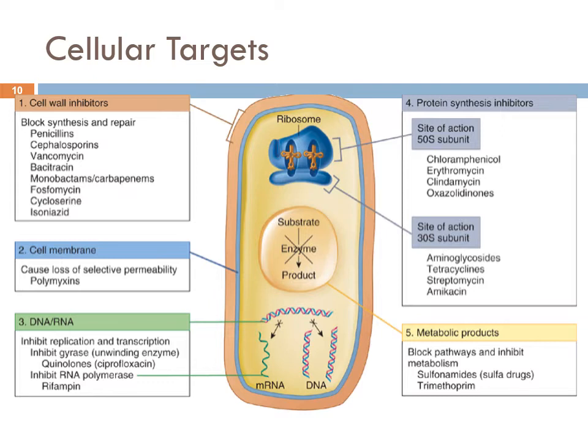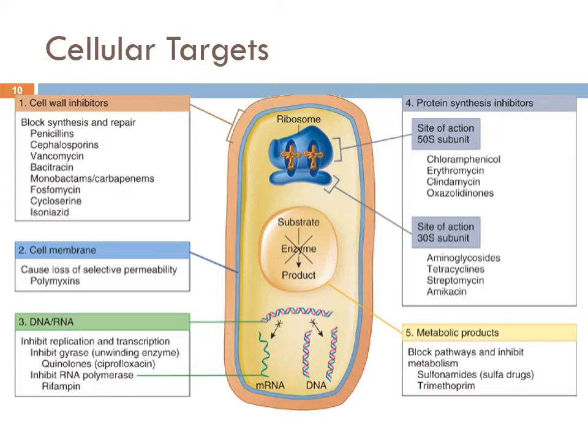Affecting the cell membrane structure causes loss of selective permeability, like the polymyxins and amphotericin B. Affecting the DNA synthesis, like the quinolone antibiotics, characterized by affecting DNA helicases and topoisomerases, or inhibiting RNA polymerase, like rifampin.